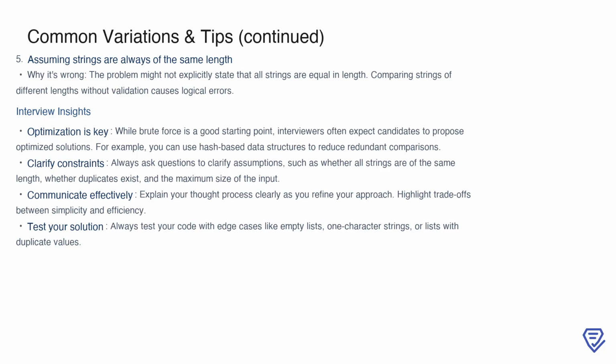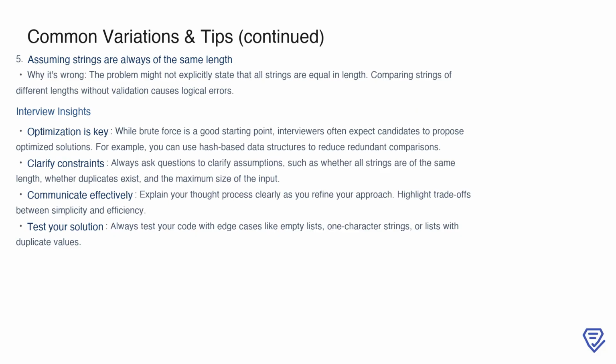Now, in an interview setting, optimization is often a key focus. Starting with a brute force approach is fine, but interviewers usually expect you to propose more efficient solutions. For instance, hash-based data structures can minimize redundant comparisons and significantly improve performance. It's also crucial to clarify constraints at the beginning of the discussion. Ask whether strings are guaranteed to be of equal length, whether duplicates are allowed, and what the maximum input size might be.